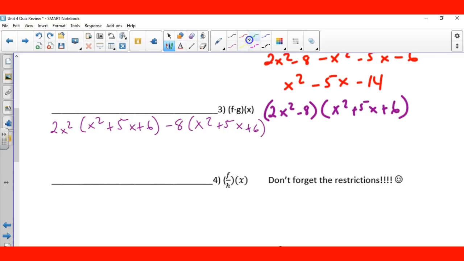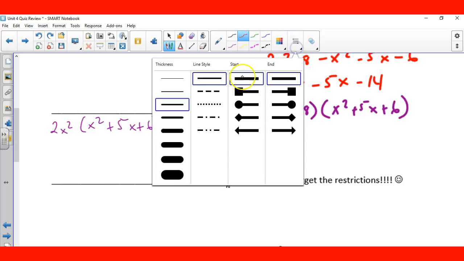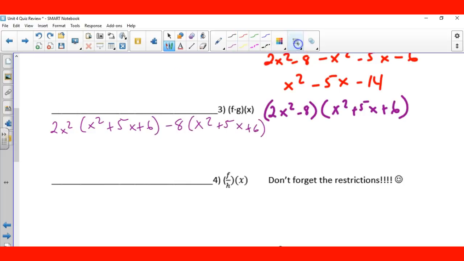Now, let's distribute 2x squared. So 2x squared times x squared is going to be 2x to the fourth. 2x squared times 5x is going to be 10x cubed. And then you have 2x squared times 6 is going to be 12x squared.